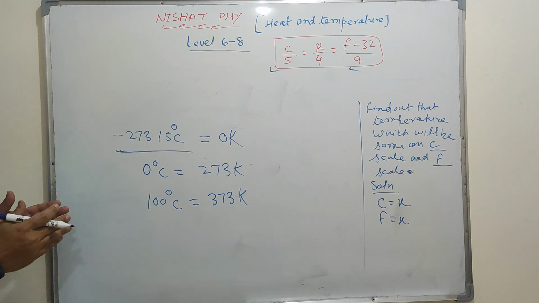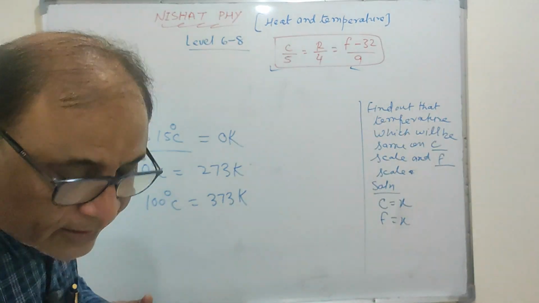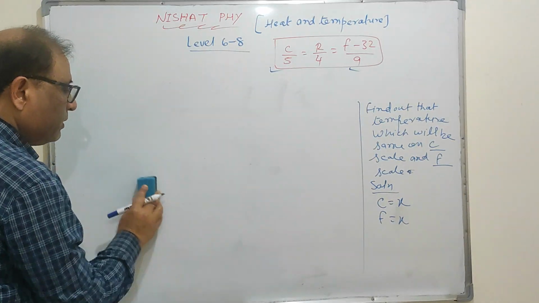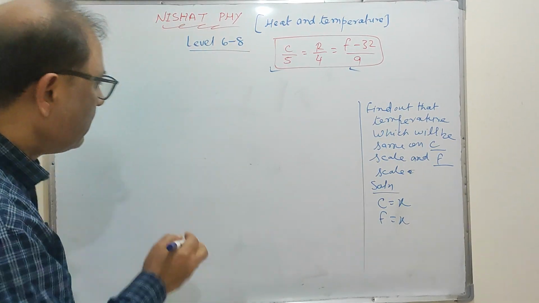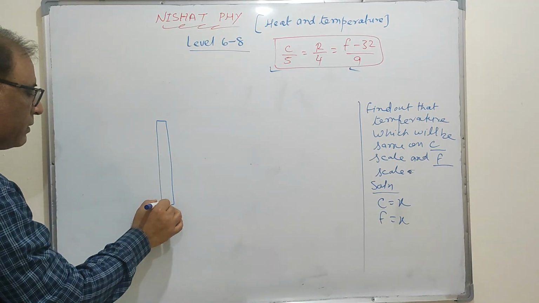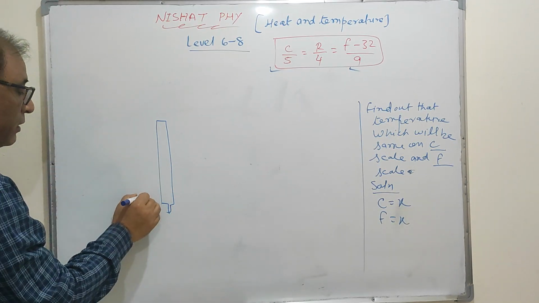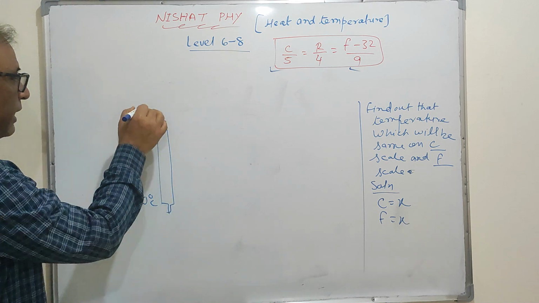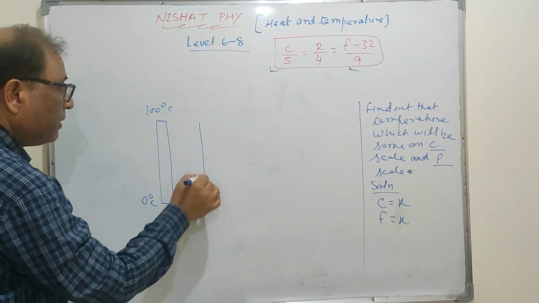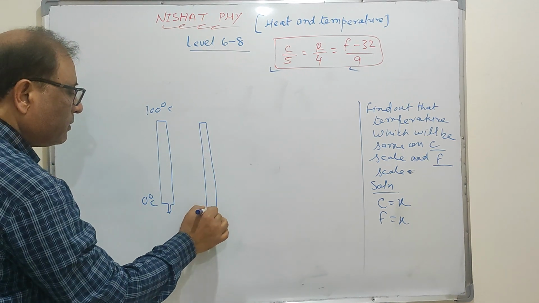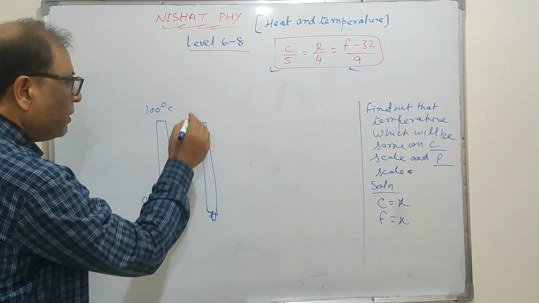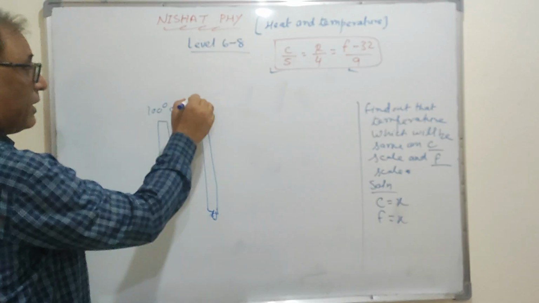So I am going to compare the Celsius and Kelvin thermometers. Again, this is a Celsius thermometer here, 0 degree C and 100 degree C. Now this is the Fahrenheit, Celsius, and this is the Kelvin.